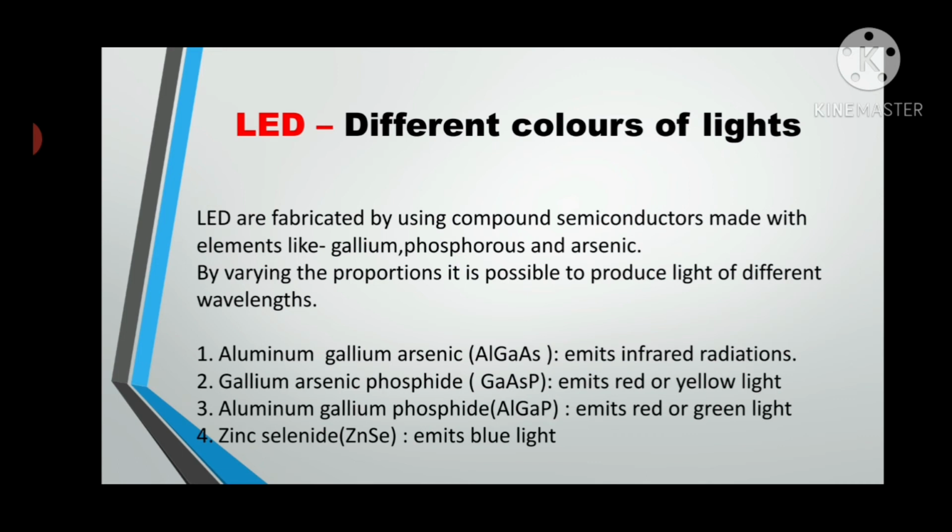Like aluminium, gallium and arsenic will emit infrared radiation. Gallium, arsenic and phosphide will emit red or yellow light. Aluminium, gallium, phosphide will emit red or green light. Zinc and selenide will emit blue light.